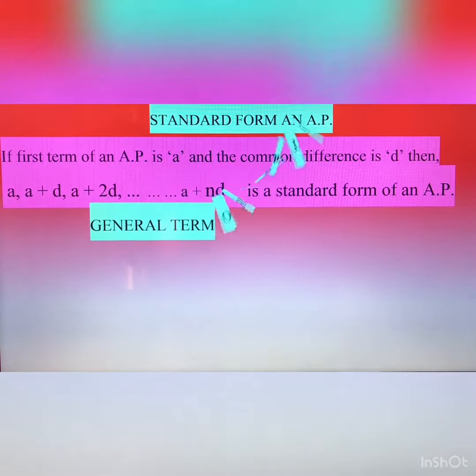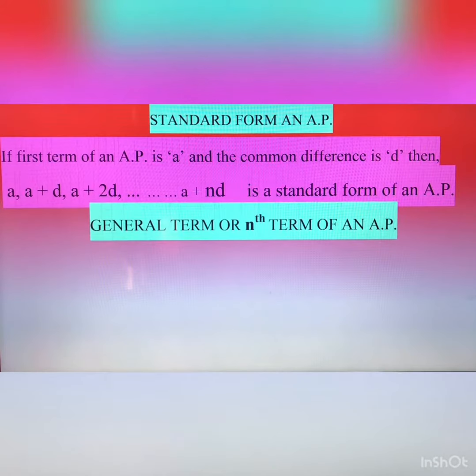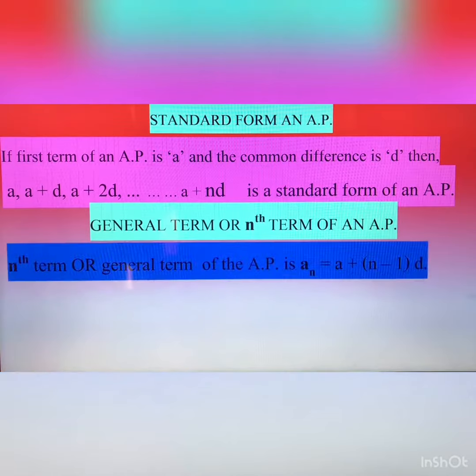After that, the general term, or nth term, of an AP. What is the general term or nth term of an AP? The nth term or general term of the AP is a_n equal to A plus (n minus 1) into D, where A is the first term, D is the common difference, and n is the number of terms.